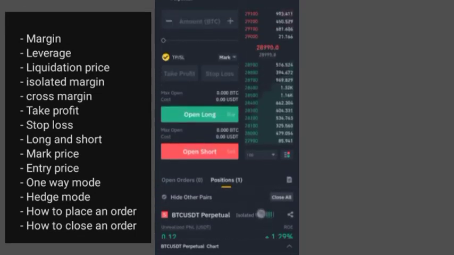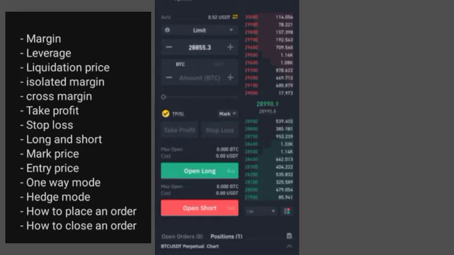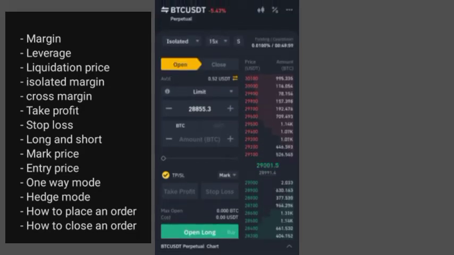Now, how to place an order on futures. Before you place your order on futures, it's expected that you should know technical analysis. You should know the price at which you want to enter, and you should understand that there are what we call order blocks, if you want to trade with the market, rather, where there are order blocks. You should know these critical points where you should key into the market.